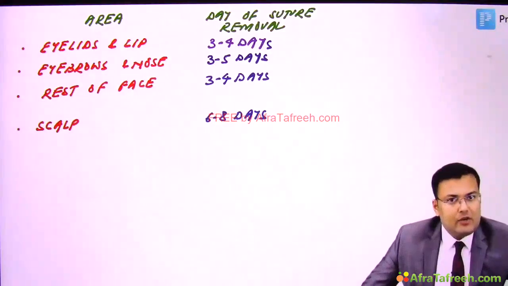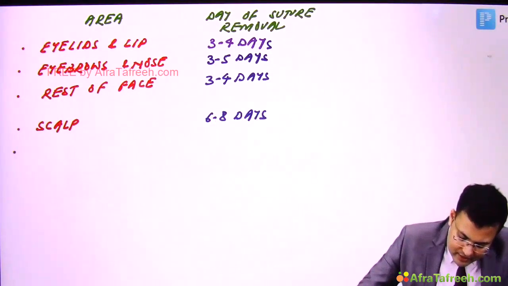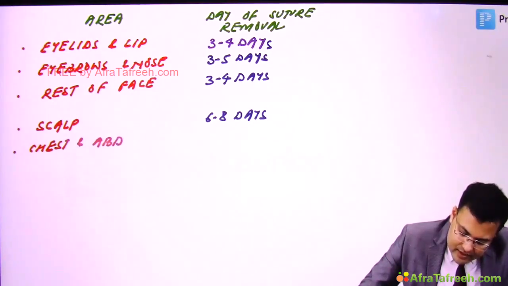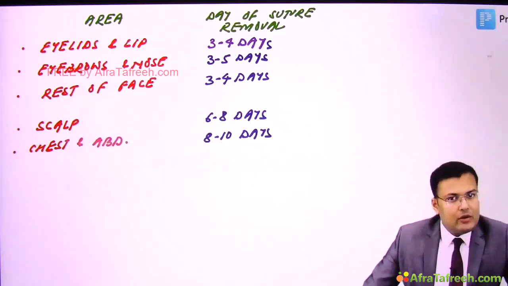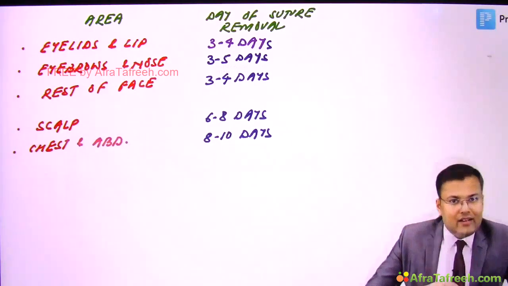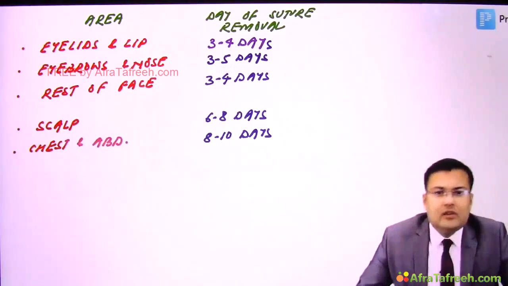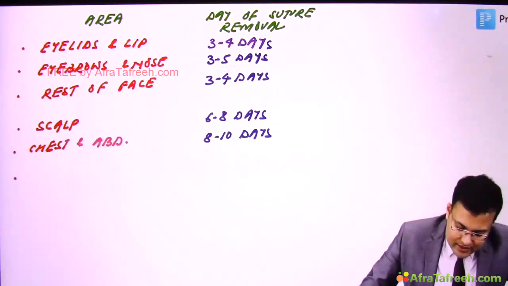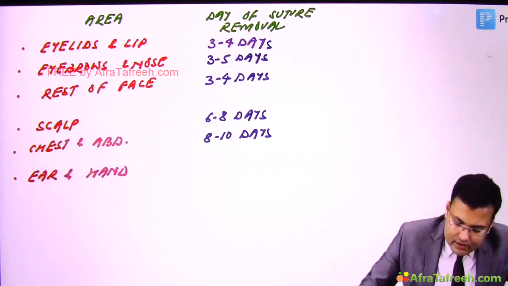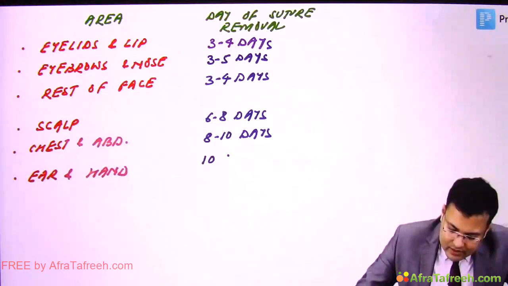Similarly in chest and abdomen, 8 to 10 days. Clear? And if you're talking about ear and hand, in ear and hand the sutures are removed in 10 to 14 days, right? Clear?